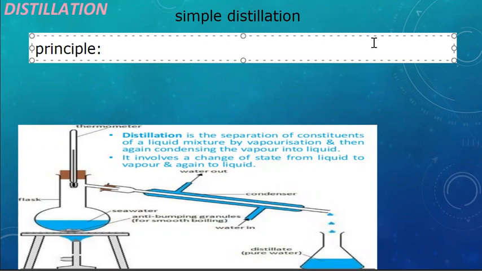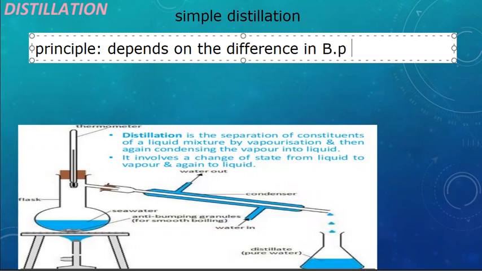Now, because it is a separation technique, let's talk about what criteria, or what principle, it depends on. It depends on the difference in the boiling points of its components.